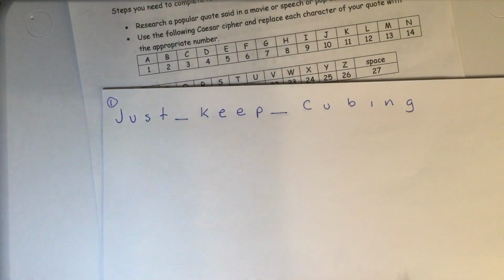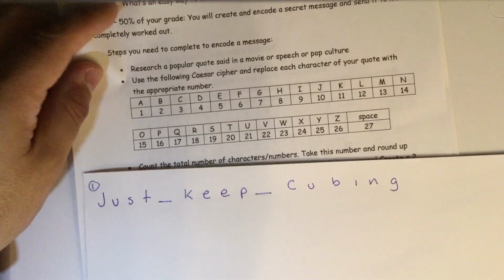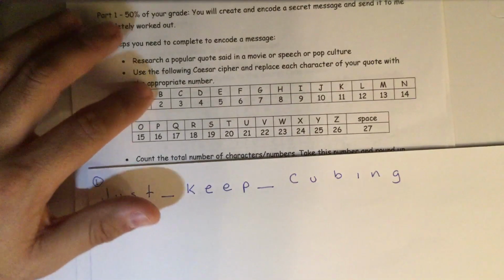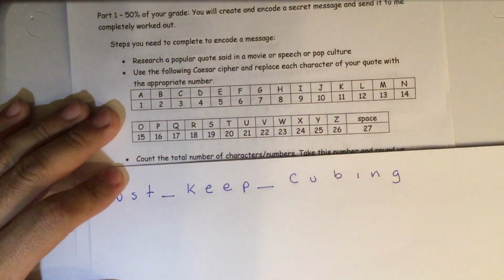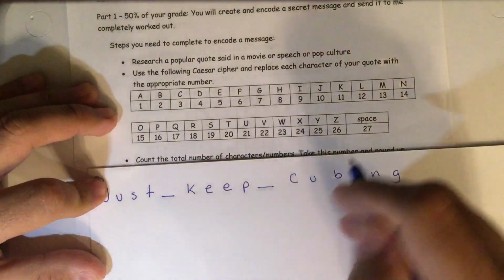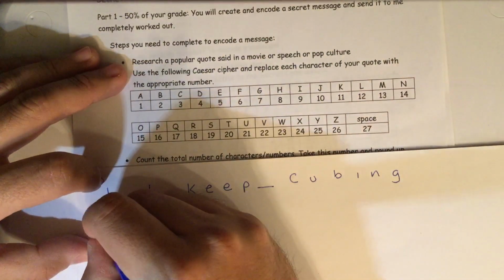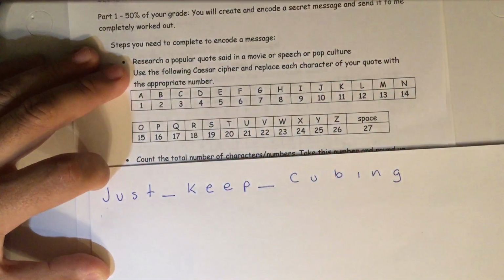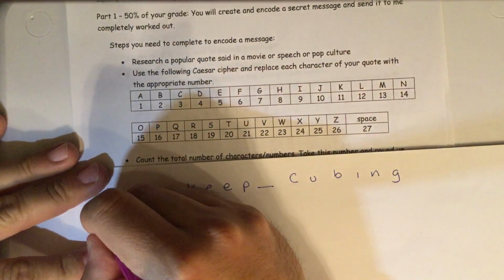The first thing we're going to do is take the Caesar cipher and put each letter that represents it. A is 1, B is 2, all the way to 26, which is Z, and 27 is our space. Starting with the J, J is 10.